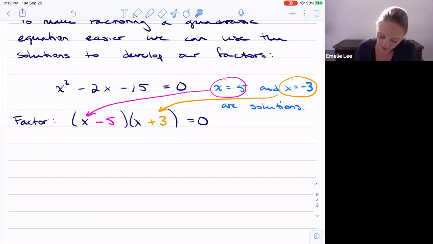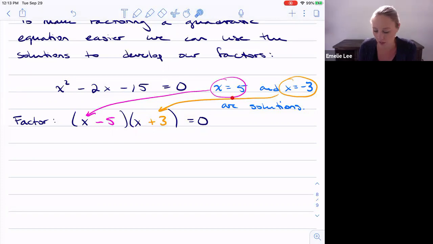So now, x minus 5, well, x equals 5 is still a solution here. 0 times 5 plus 3, 0 times 8 is still 0. Still fine. If x is negative 3, I get negative 3 minus 5, negative 8, times negative 3 plus 3 is 0. Negative 8 times 0 is still 0.